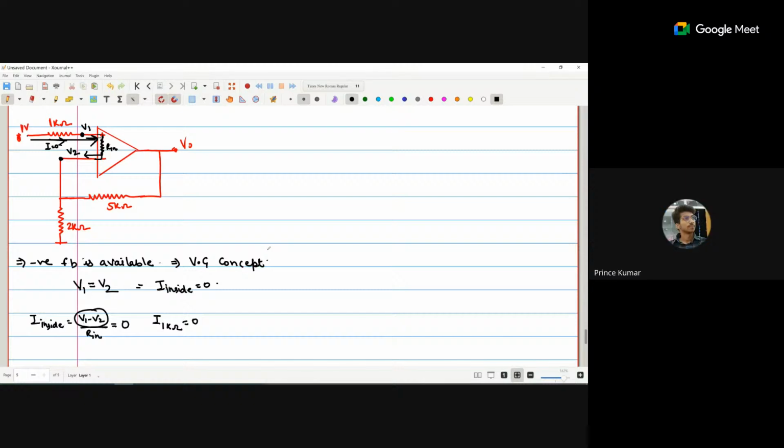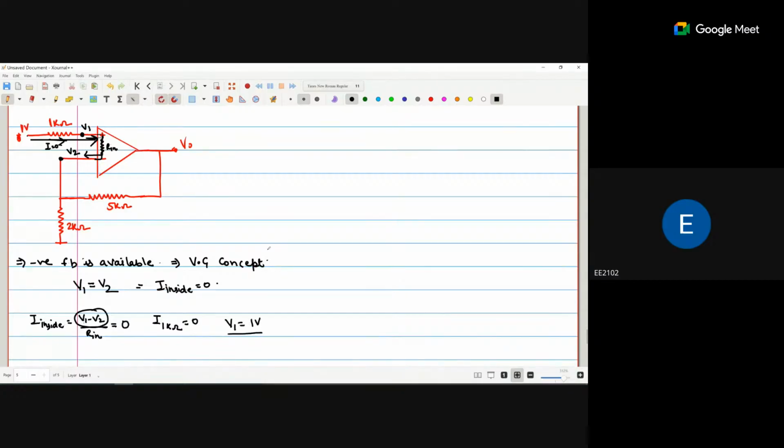At the node where the 2 kilo ohm and the 5 kilo ohm resistors meet, the current goes with that part also. Now we are saying that no current goes inside, so the upper part is clear. So we can say that V1 is again 1 volt.